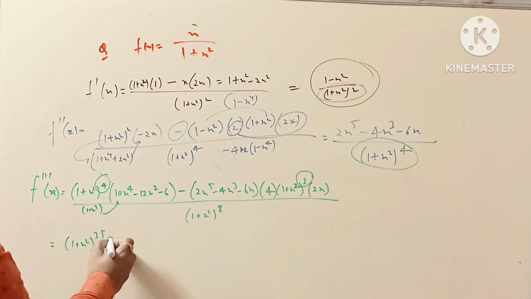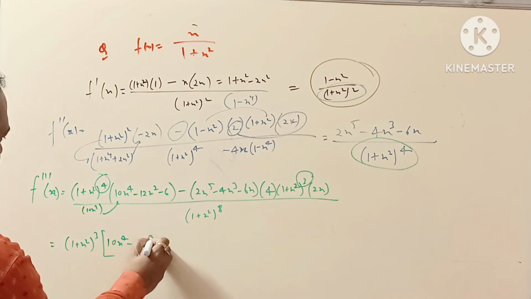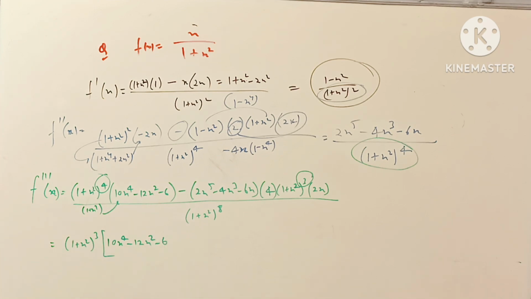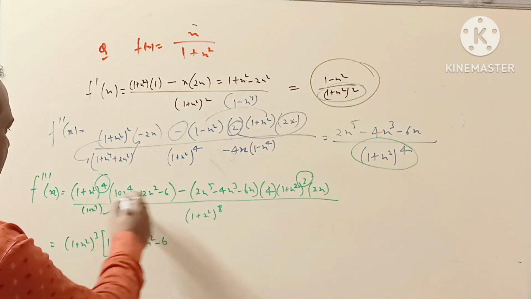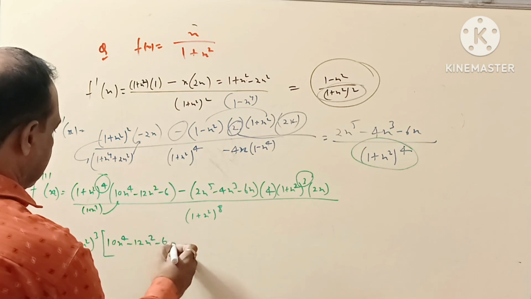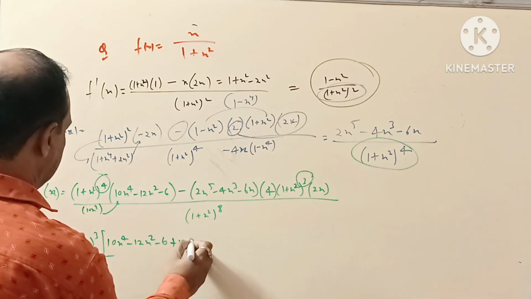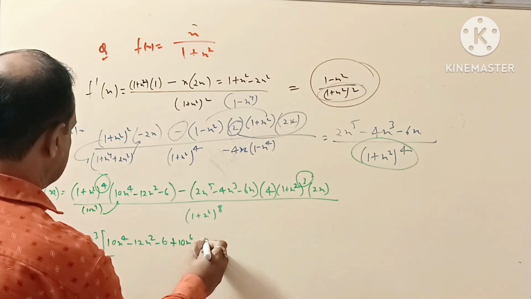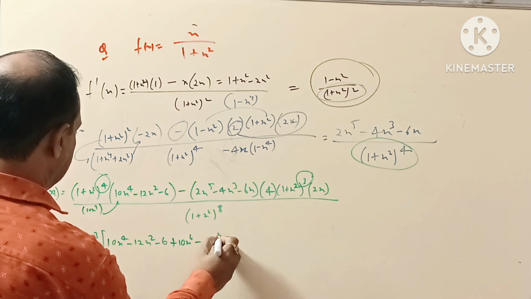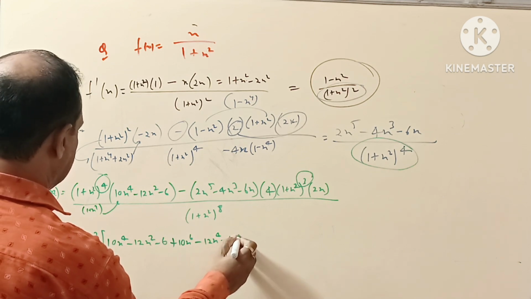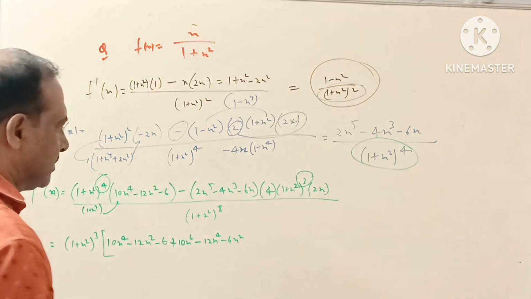And let's multiply this. Now it will be like this, 1 plus x square, and this has to multiply by this. On doing this, I will be having 10x raised to power 4 minus 12x square minus 6, and furthermore x square is being multiplied with all this part. You will be having 10x raised to power 6 minus 12x raised to power 4 minus 6x square. Okay, this is the part.